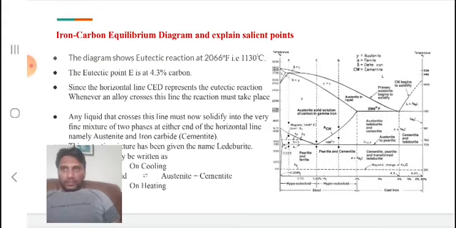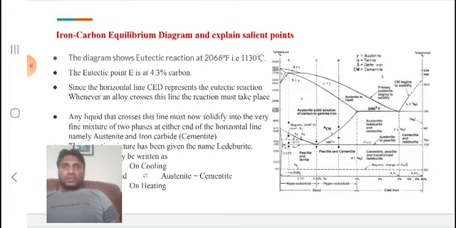So what is the eutectic reaction? A liquid upon cooling giving two solids is called the eutectic reaction. Here in our case, molten iron on cooling at 1130 degrees centigrade gives austenite and ledeburite on one side, and cementite and ledeburite on the other side.